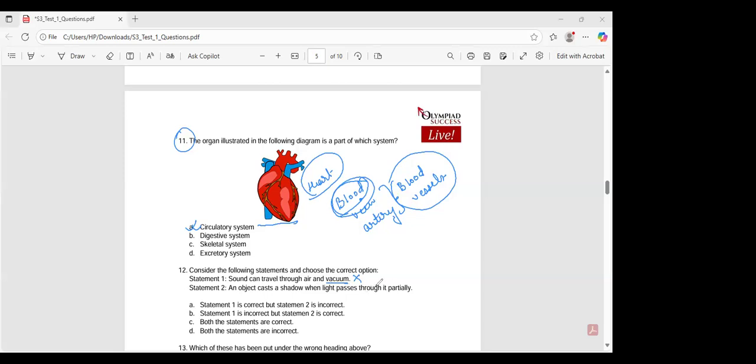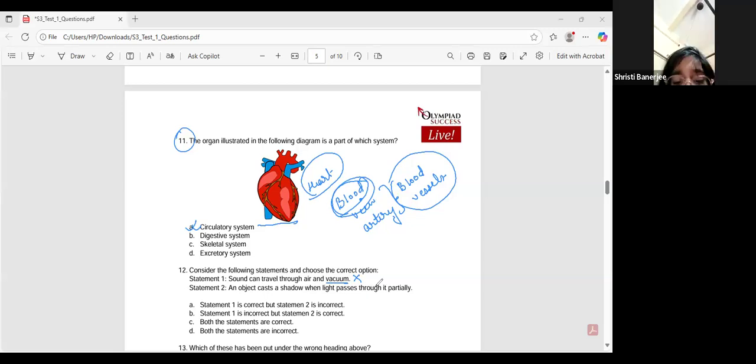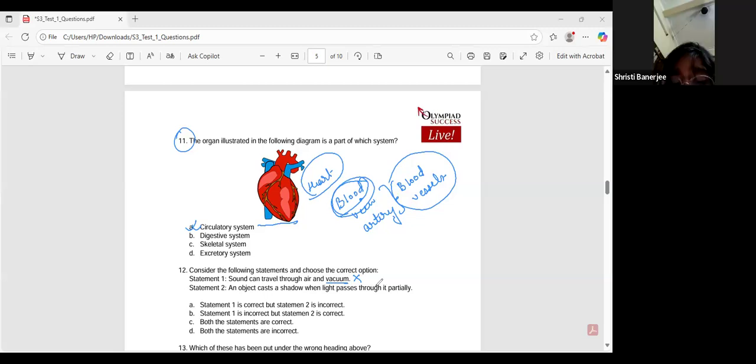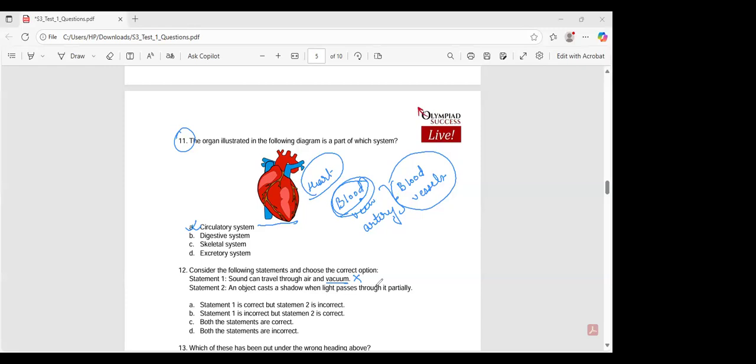Is it true or false? Actually, an object casts a shadow when it blocks the pathway and light cannot pass through it.